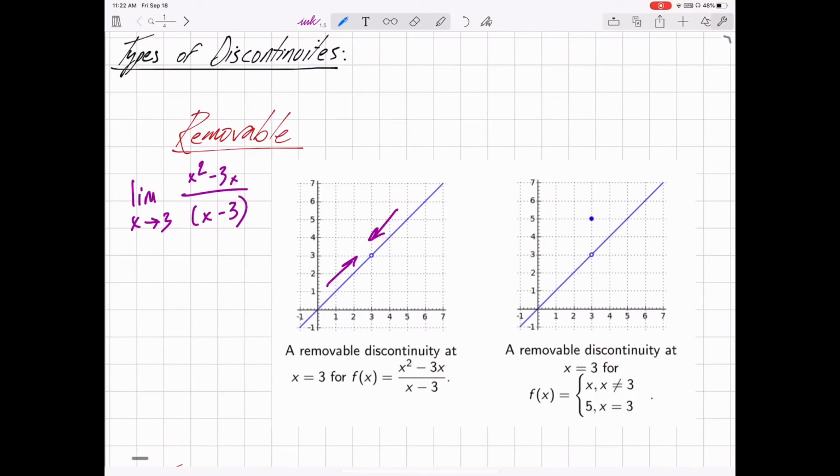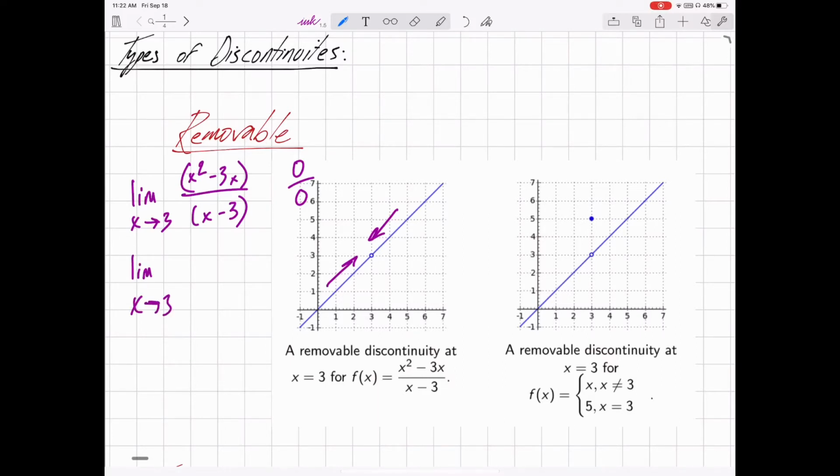So we have this function, and we're going to take the limit as x goes to 3. We can't plug in 3 exactly because we would get 0 over 0, that indeterminate form. So we're going to mess with that limit a little bit.